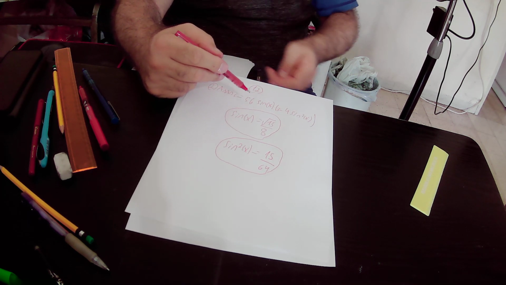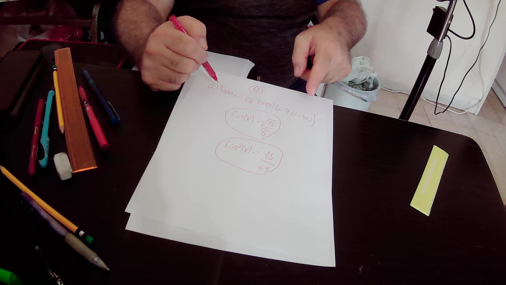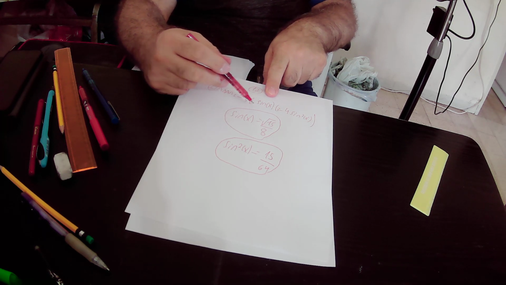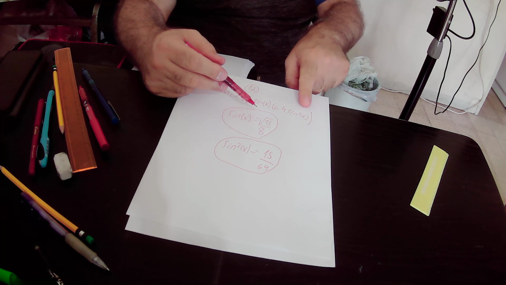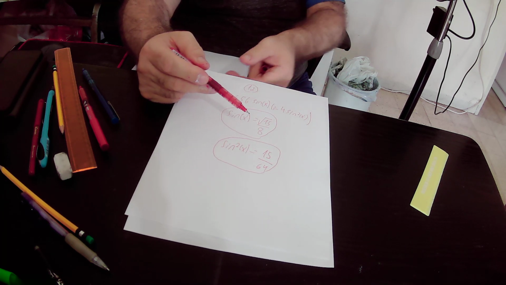So we have all the variables of this equation, and the only thing that is left is to substitute sine x by root 15 over 8 and sine square x by 15 over 64.